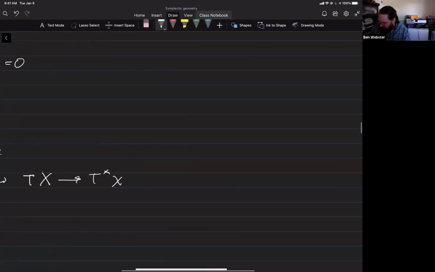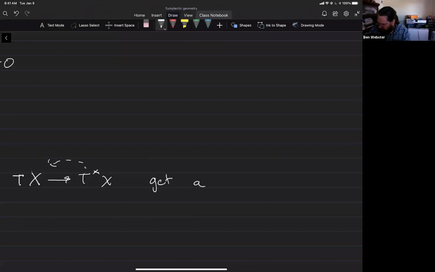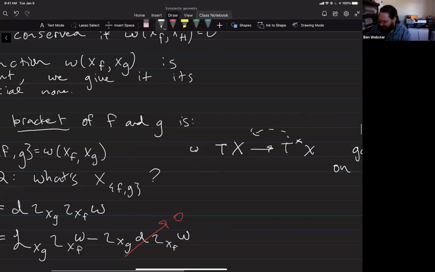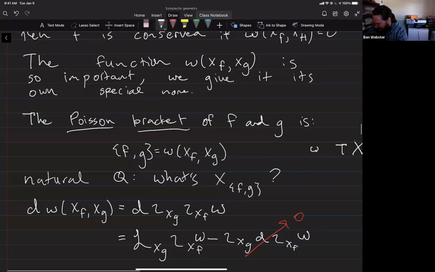I'll just mention, we'll come back to this later, I could turn this around and get a bilinear form not on the tangent space, but on the cotangent space, in which case I would just be taking df and dg and putting those into that kind of inverse bilinear form. But we haven't gone through the linear algebra to actually sort that out.